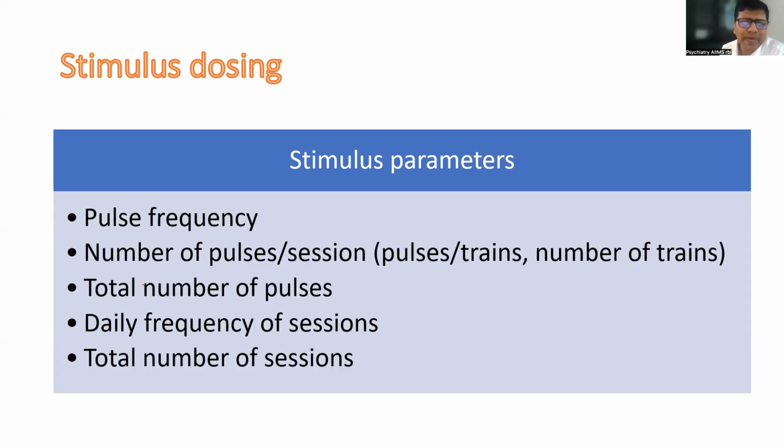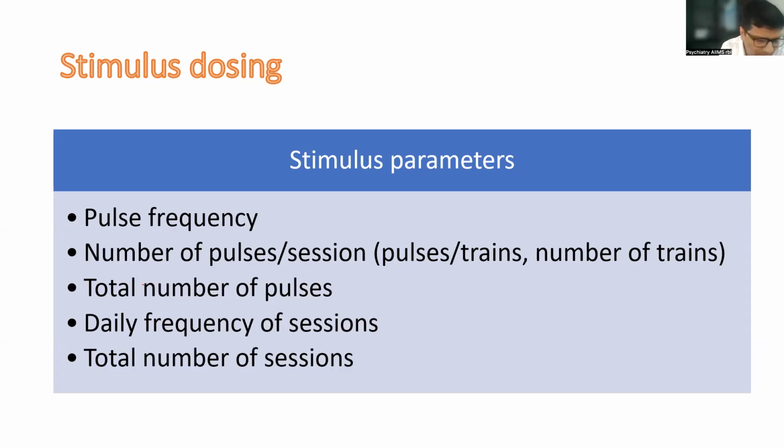These are all important parameters when you are deciding the efficacy and evidence of rTMS in various psychiatric disorders. When you are considering rTMS for research purposes, you need to take all this data into account for analysis for predicting the outcome. In the afternoon, we'll be having the hands-on training demonstration, during which we'll display how to regulate the pulse frequency, how to set the number of pulses per session, and how to set a protocol.